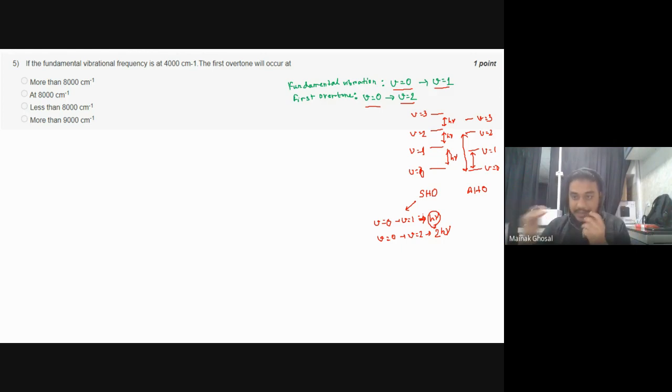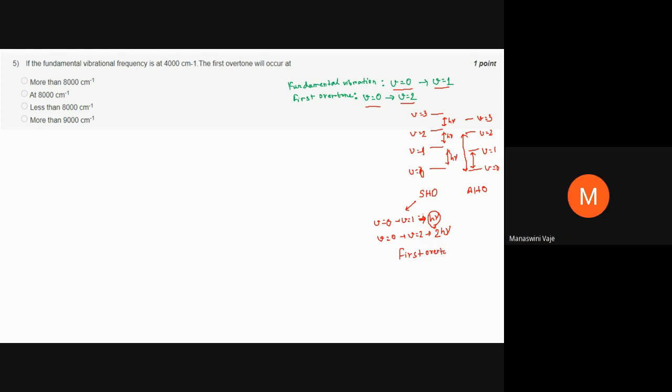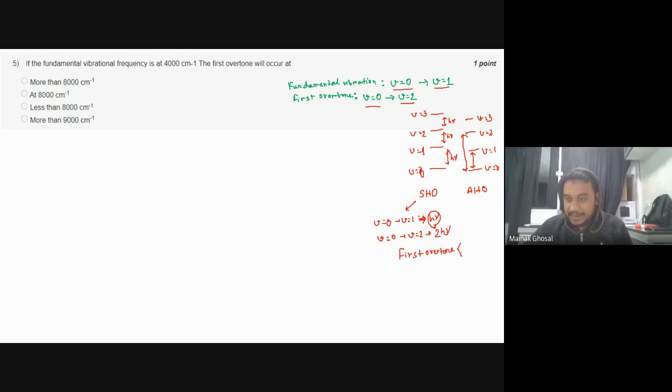Yes, exactly. Now, for an anharmonic oscillator, if you increase your vibrational quantum number, the energy gaps are getting closer. Suppose this is v equals 0, this is v equals 1, now v equals 2, v equals 3. They are getting very much closer to each other. So the first overtone energy will always be less than 2 into the fundamental transition energy.